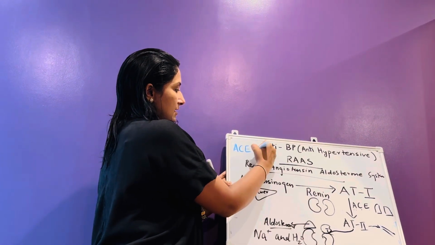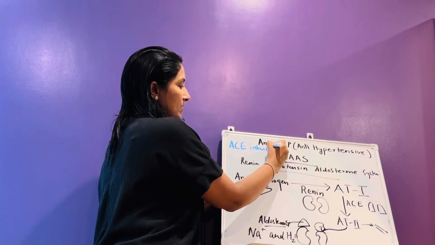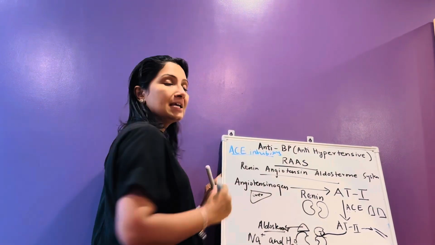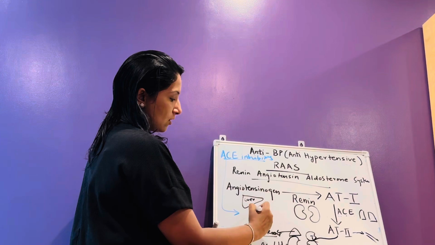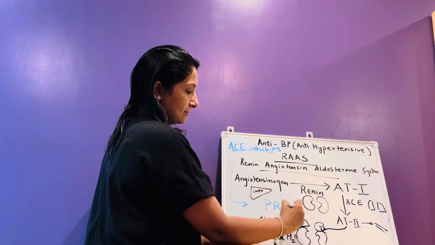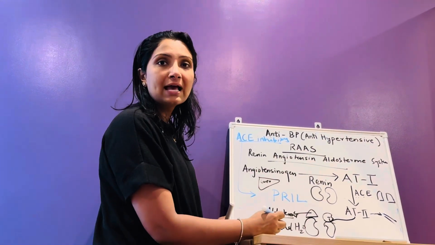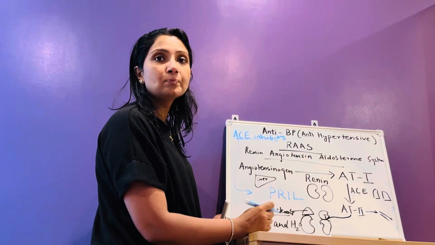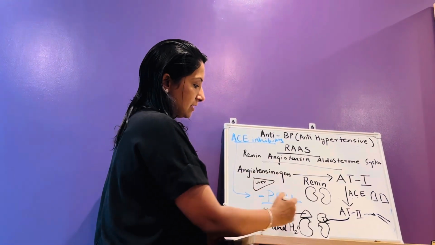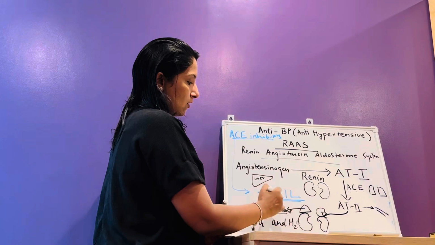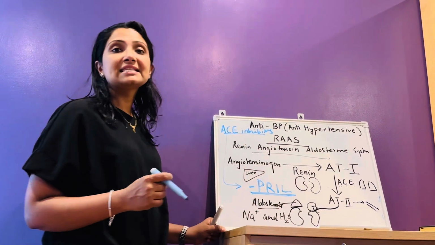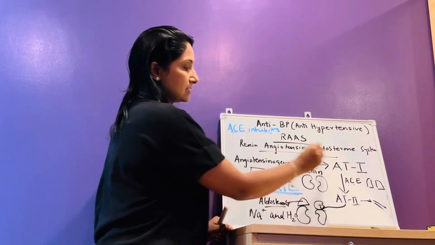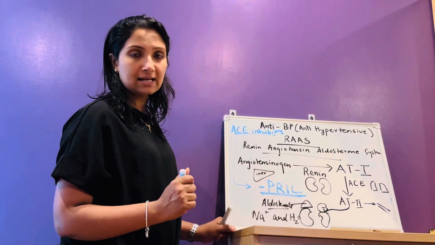ACE inhibitors. And how will you identify the ACE inhibitors? The drugs which have a suffix ending with prill. Captopril, enalapril, lisinopril, right? So all the drugs ending with prill come under the class of ACE inhibitors. Now, can you say where the ACE inhibitors are acting?